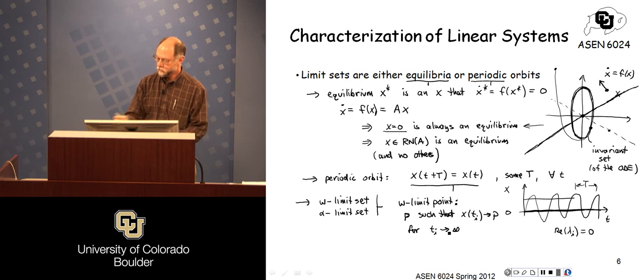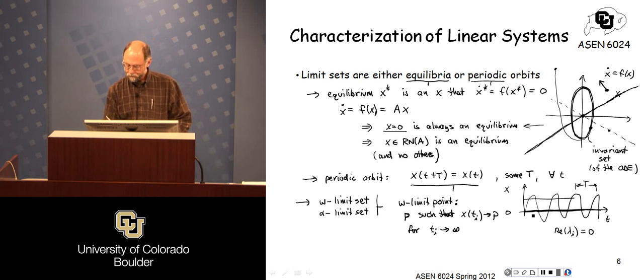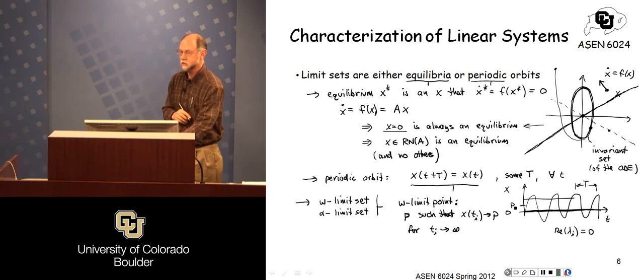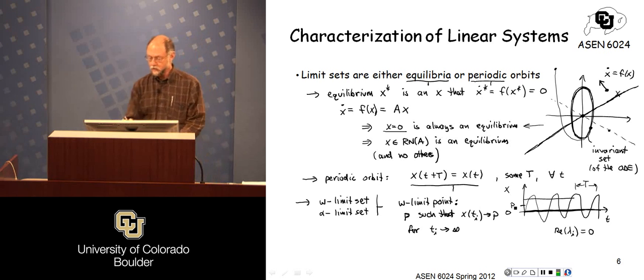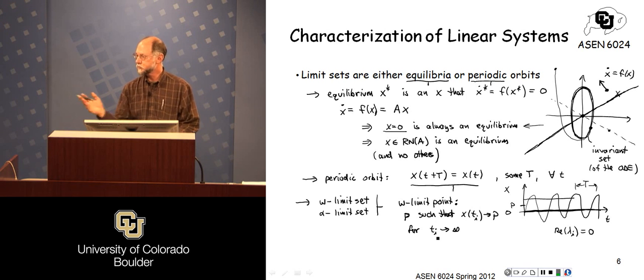So for example, let's look at this sine wave here. If I want to know if this point P right here is an omega limit point, the question would be, does this solution x of t converge to P for time samples such that the number of those samples goes to infinity? If you can choose the time samples you take, yes.